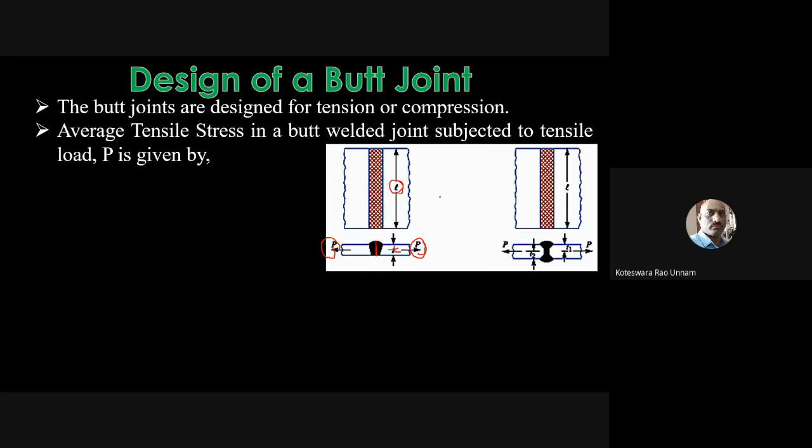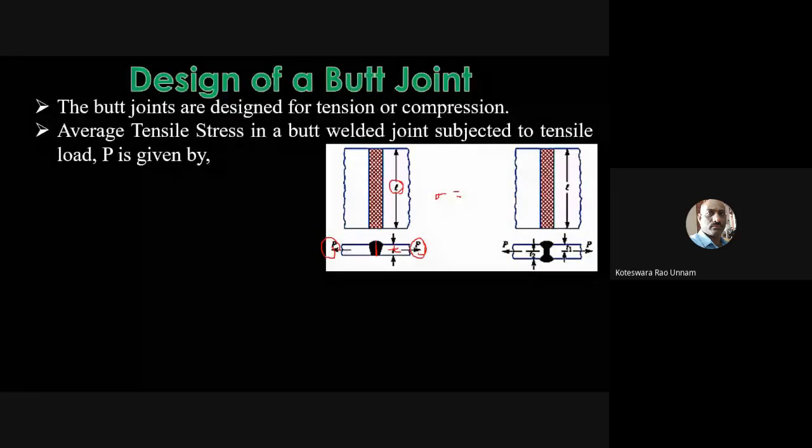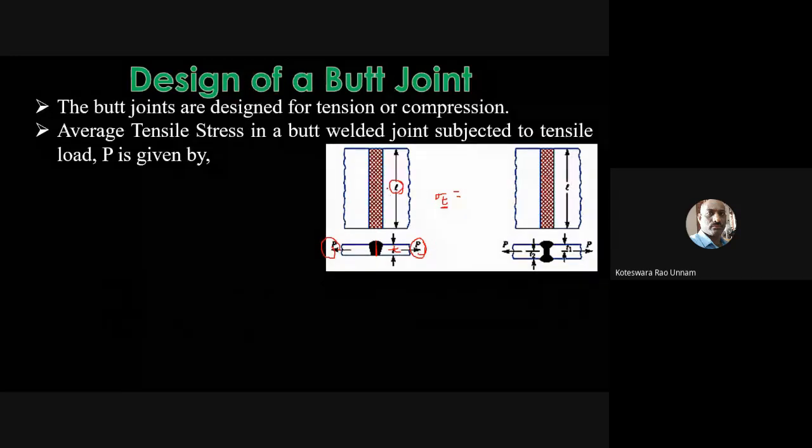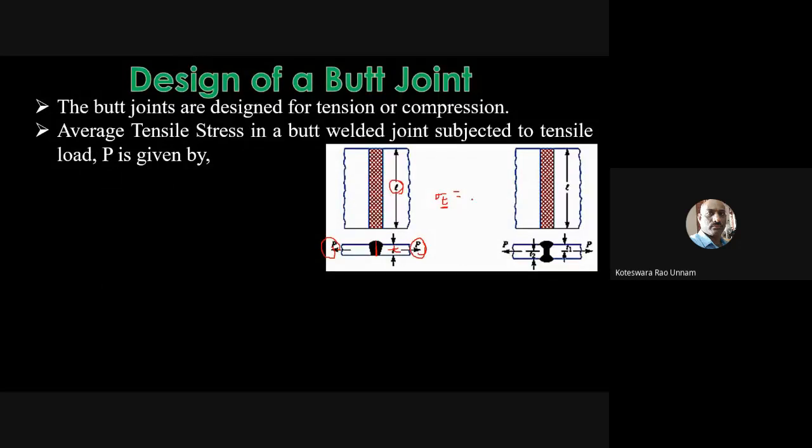We know stress is load by area. Because it is a normal force, it induces a normal stress, which we denote by sigma. Because it is tension, we denote it by sigma t, the induced tensile stress in this weld, which is the applied load P divided by area. What is the area here?